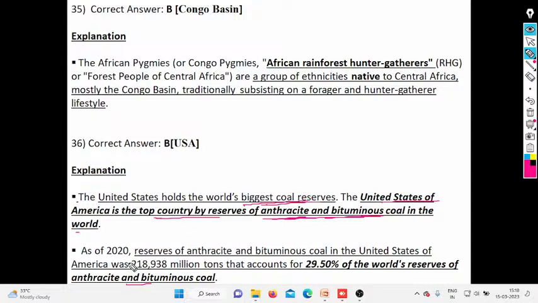As per a survey report of 2020, the reserves of anthracite and bituminous coal in the United States were near about 2,19,000 million tons.